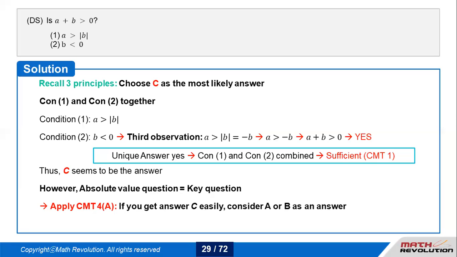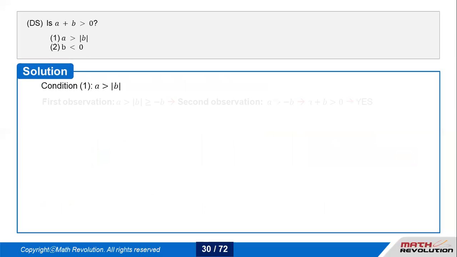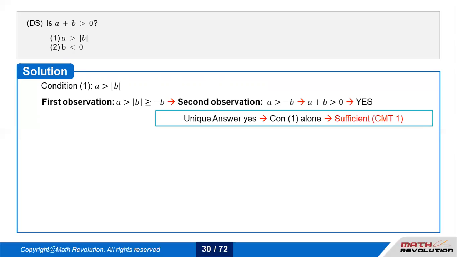So rather than going that way, we'll take condition number one. It doesn't say A is greater than B, but it says A is greater than modulus of B. And we know that modulus of B would be greater than or equal to minus of B. So indirectly A is greater than minus of B, which is A plus B greater than 0, and that is a sufficient condition.